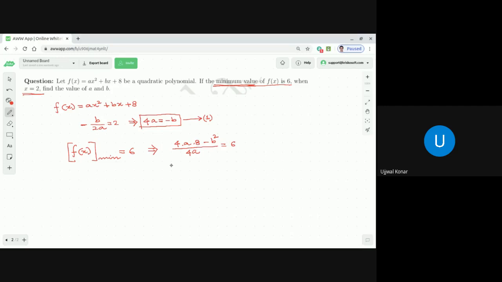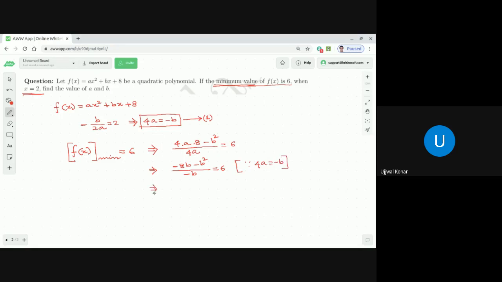Because 4a you already know is minus b. So this implies (minus 8b minus b square) divided by minus b is equal to 6, since 4 into a is equal to minus b, which we get from equation 1.